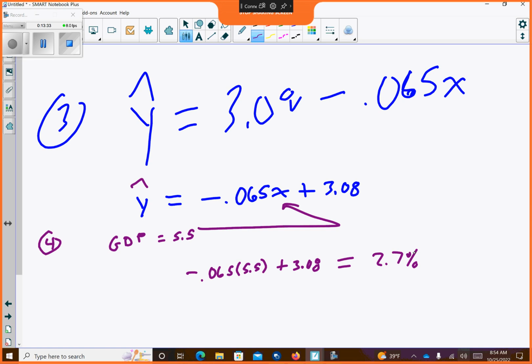All right, and then number 5, do we trust their predictions? What do you think? Do we trust the predictions based on this model? Yes or no? Would you trust the predictions, or would you think having this kind of correlation is not trustworthy? You got a 24% on a test.